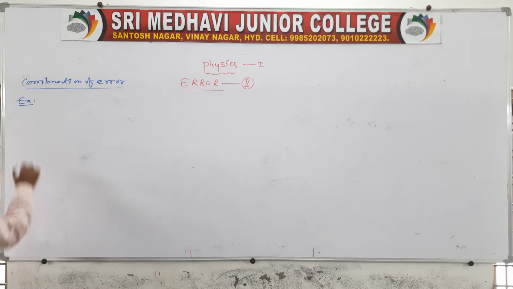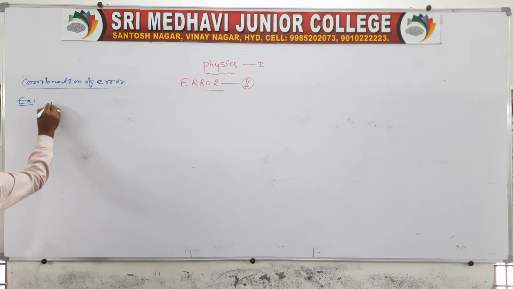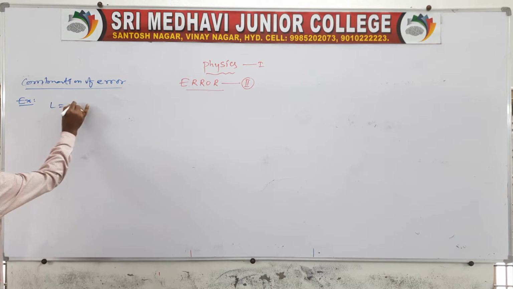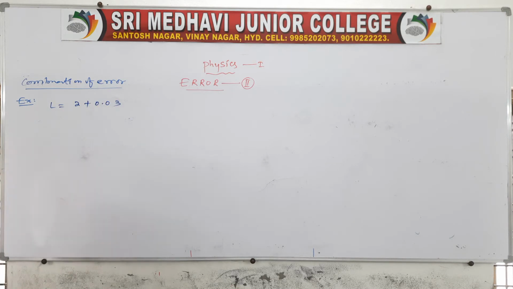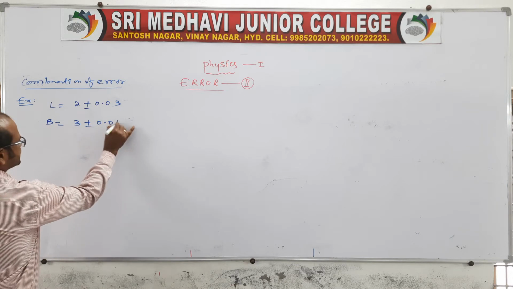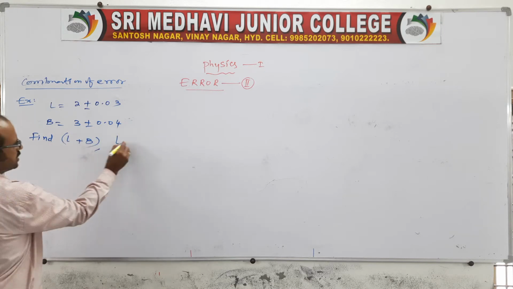Suppose L is given as 2 plus or minus 0.03, and B is given as 3 plus or minus 0.04. Now it is asking: find L plus B, and find L minus B.